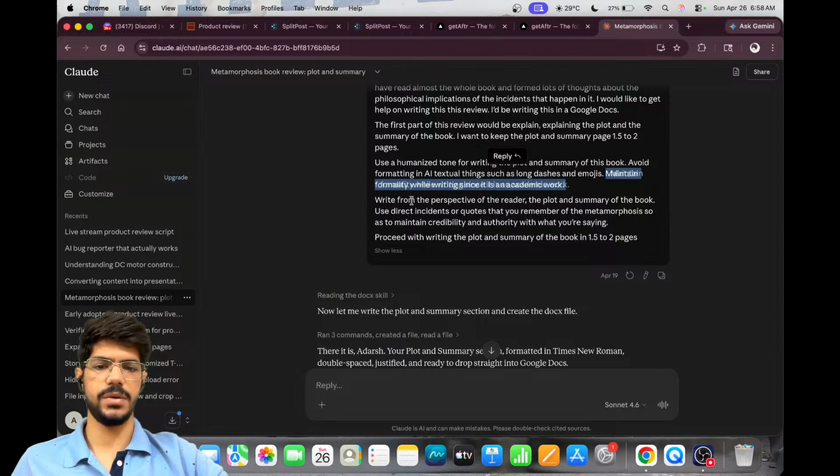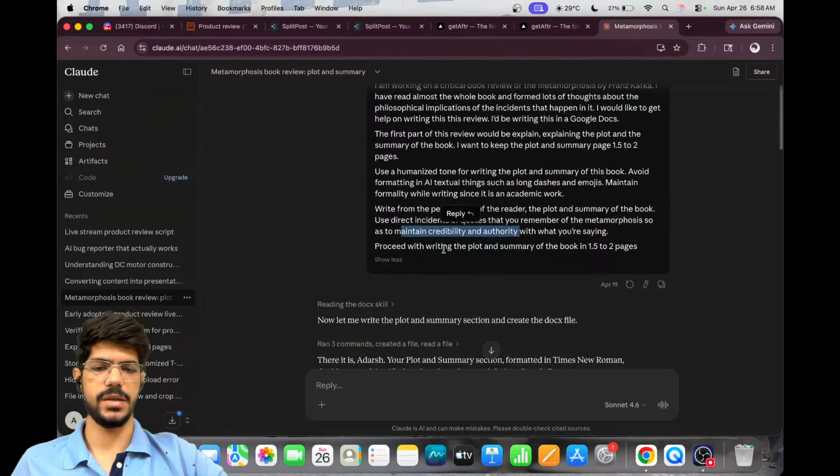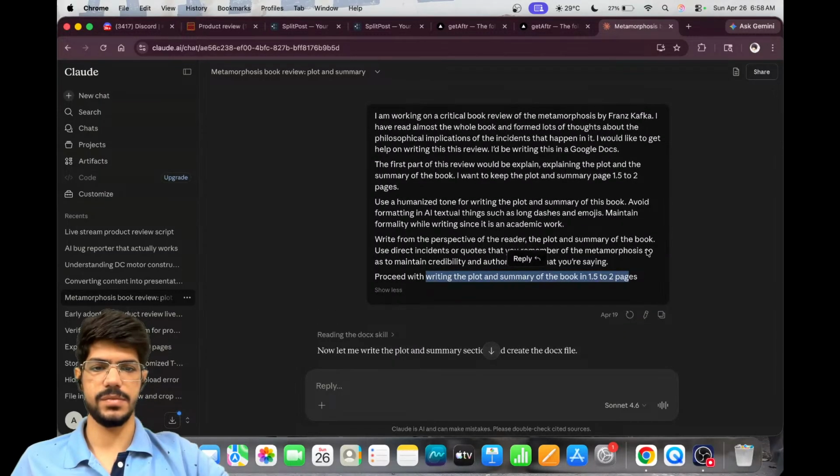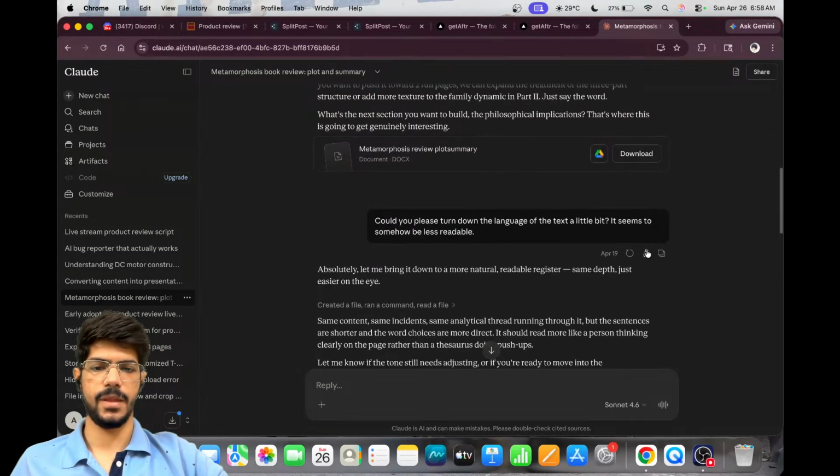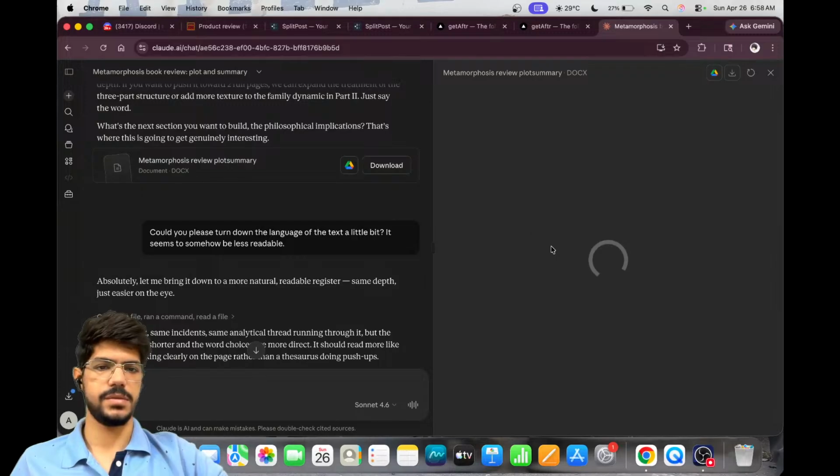And I told it to write from the perspective of the reader, to use direct incidents or quotes that it remembers from The Metamorphosis so as to maintain credibility and authority in whatever it's saying. And I told it to write this in 1.5 to 2 pages, right? And it gave me this.